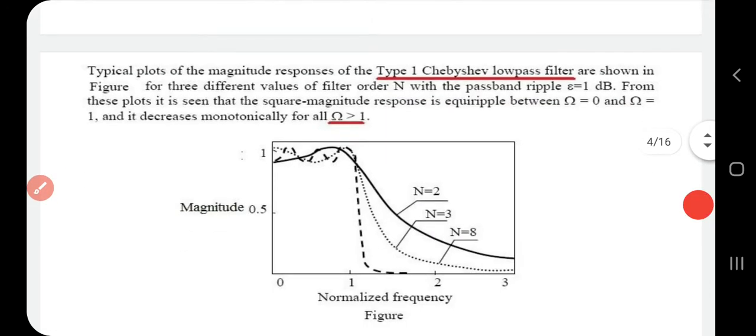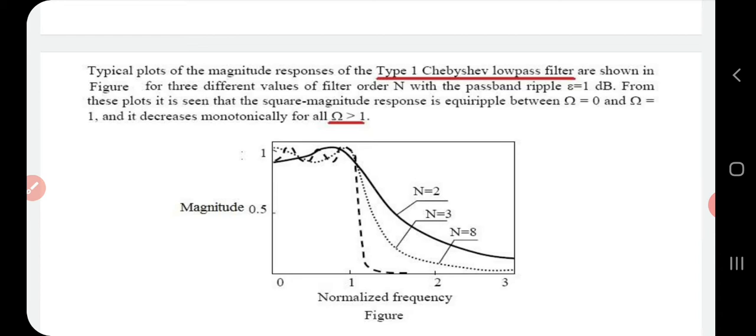Then this actually shows the magnitude versus normalized frequency graph of a type 1 Chebyshev filter for different values of n. N actually stands for the order of filter. Okay, so for different order of filter, that is from n equal to 1 to n equal to 8, the response of this magnitude versus normalized frequency, or the response of the filter of various orders shown in this graph.